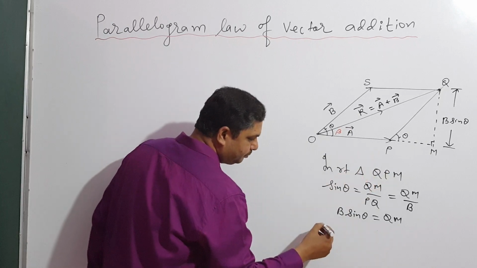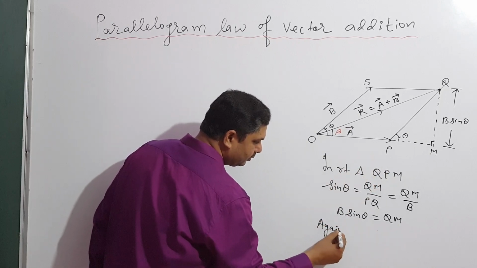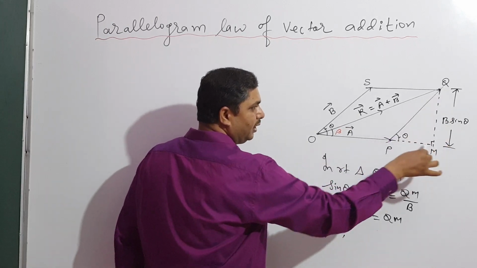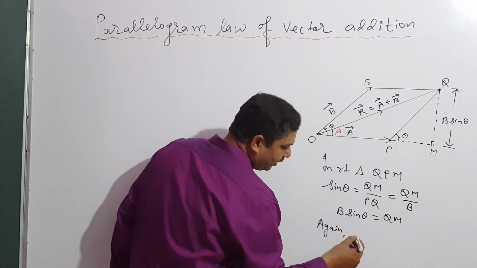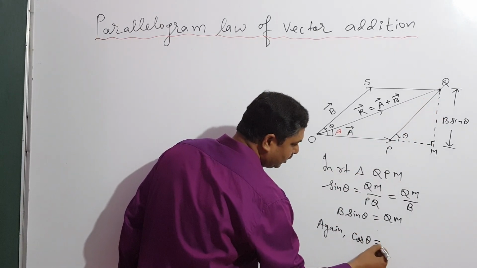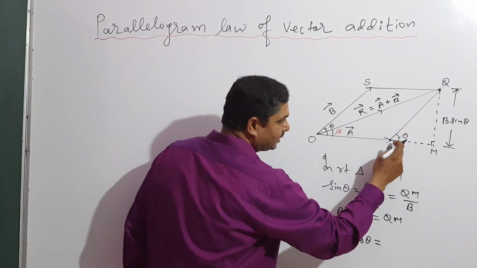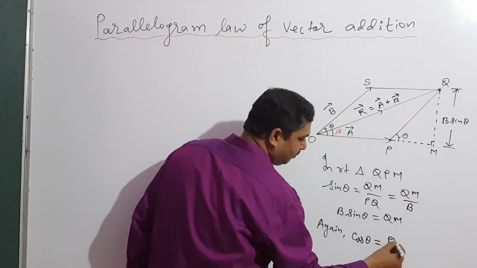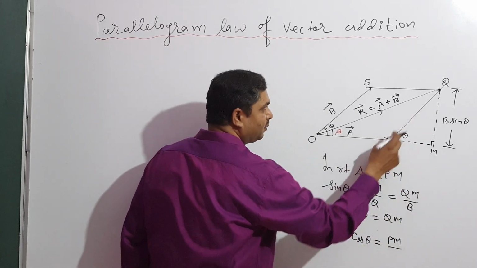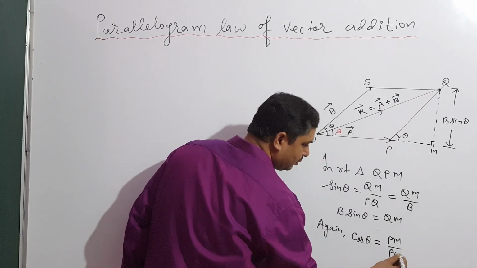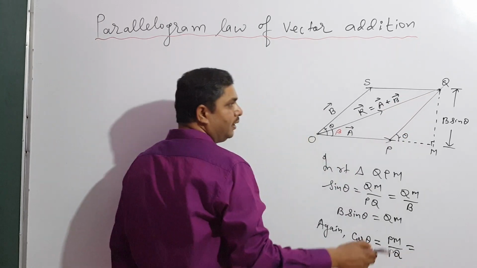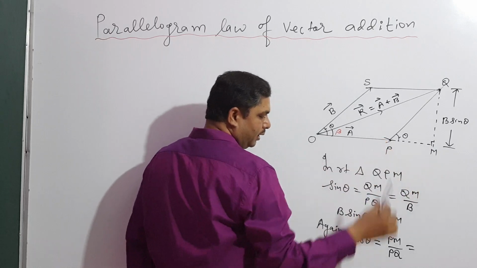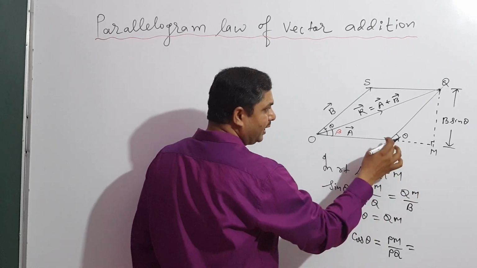Now, again, in this same triangle, you take cos theta. What is cos theta? Cos theta equals base PM upon hypotenuse PQ, and PM, you don't know the length of PM, but you know what PQ is.